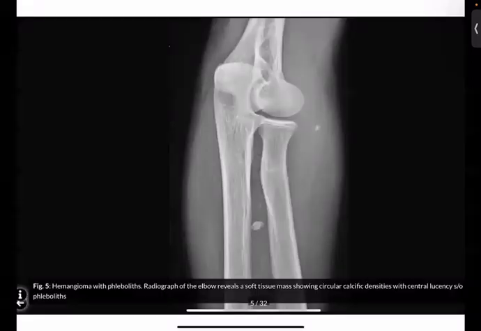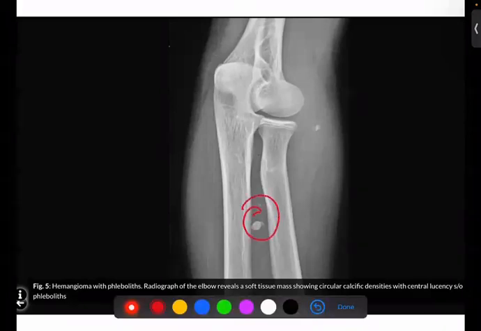Okay, so this is a vascular lesion. These are hemangiomas, and you can see some calcification within the soft tissue, just lying there. Once you see calcifications like this, you should suspect a vascular lesion. Plus, if you look at the haziness of the shadow, there's something over here.